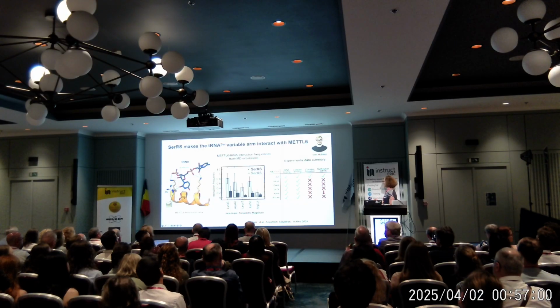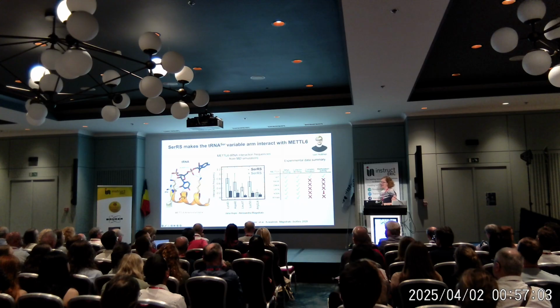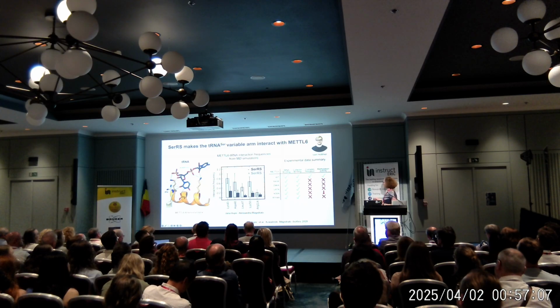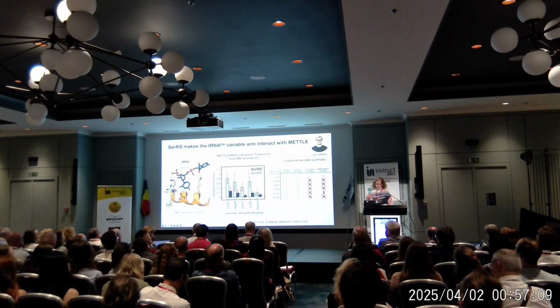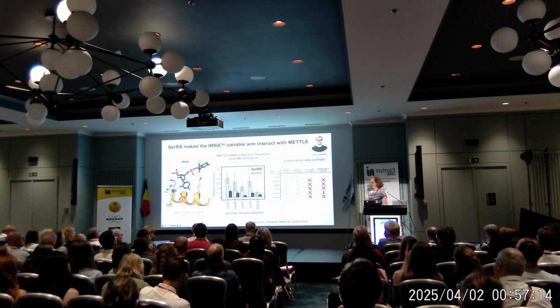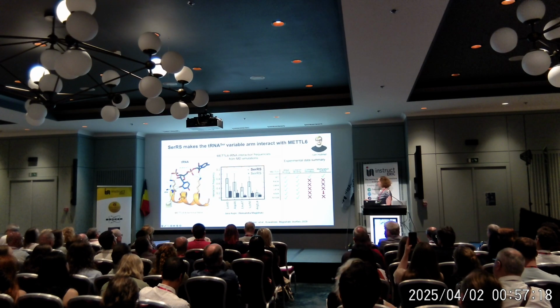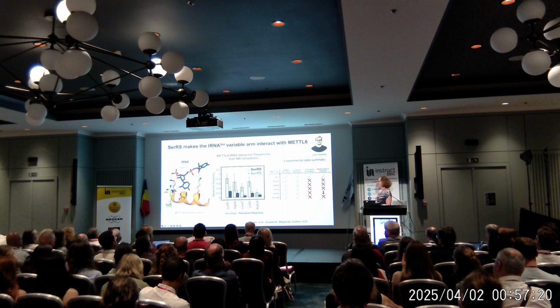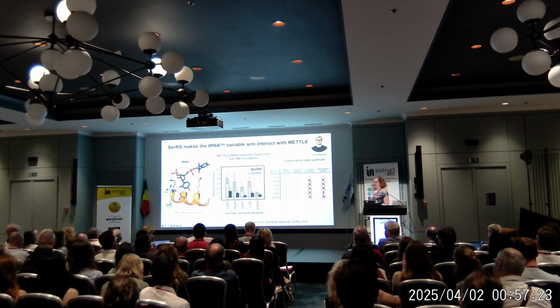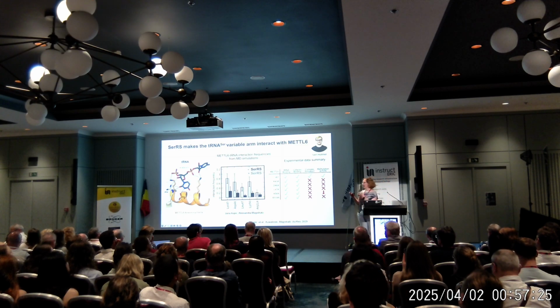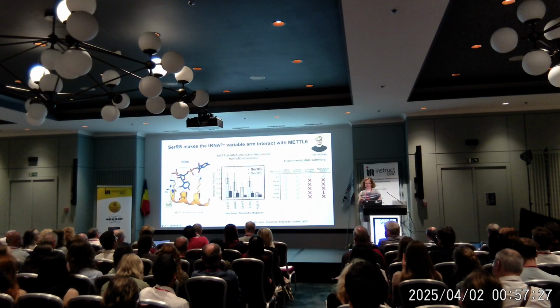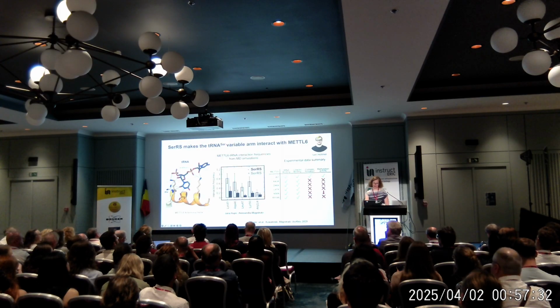But it really impacted complex formation, which he tested by size exclusion chromatography, and the activity assays showed the activity was also heavily impacted in these mutations. This pinpoints that the SARS, this cofactor, really communicates via the variable arm of the tRNA with these N-terminal helices to enable activity of the complex.